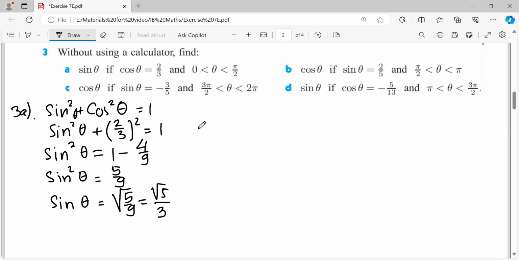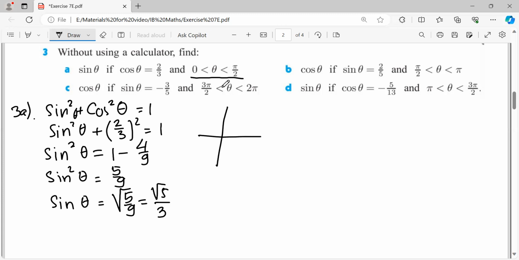Now let me check the sign of sine theta, as given by the information that theta is in the first quadrant.